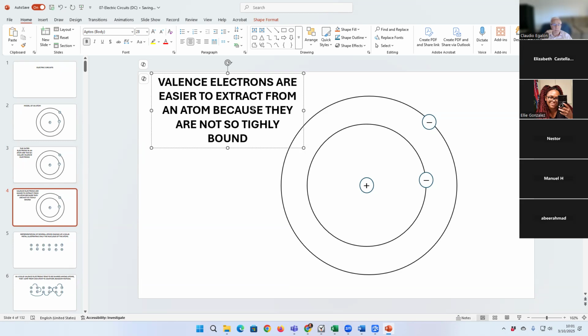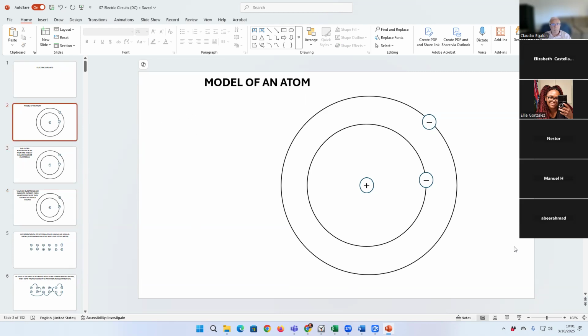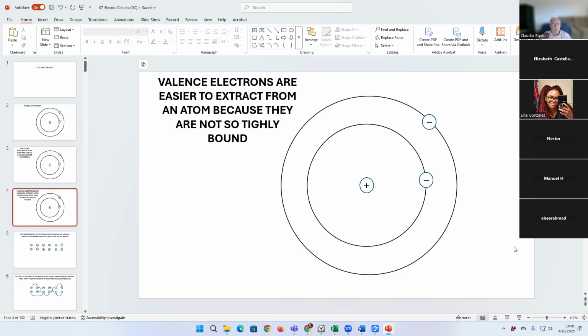Okay? So that's how an atom looks, suppose that we have a single atom in the universe.